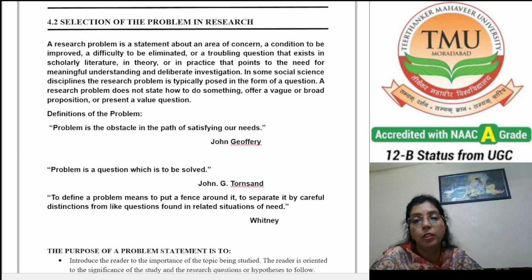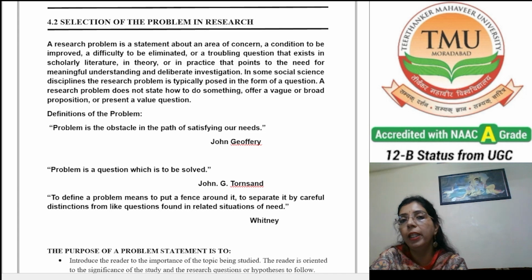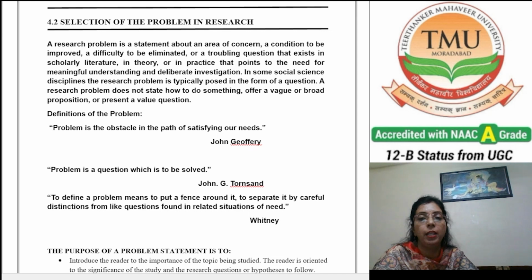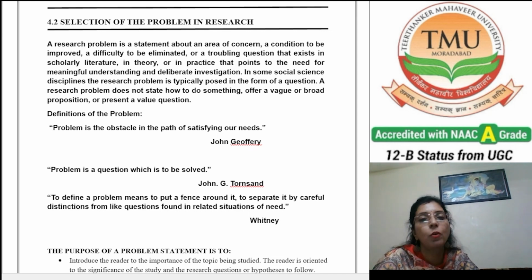Scope for research. The required data should be available and accessible, not only available. Accessibility is equally important. If it is available but not accessible for a researcher, then it is of no use.